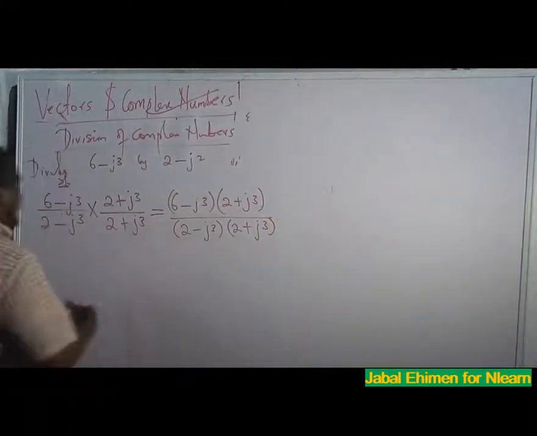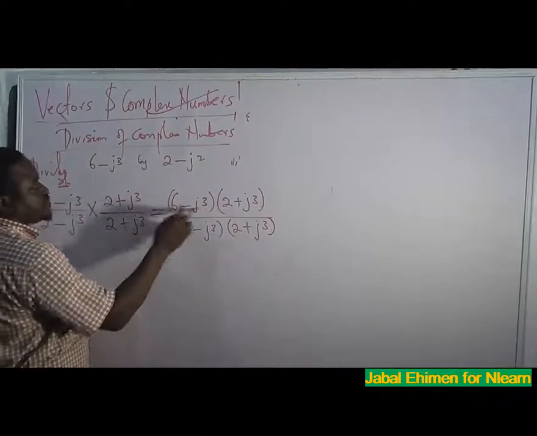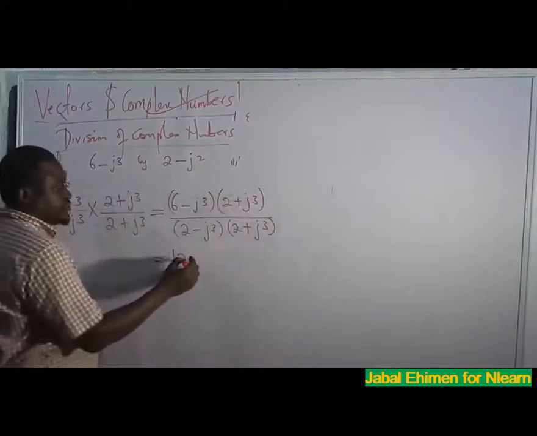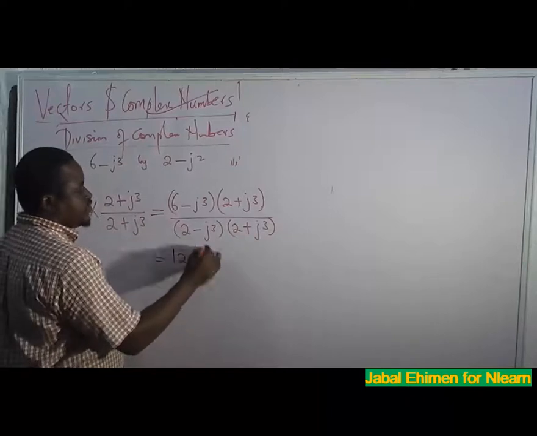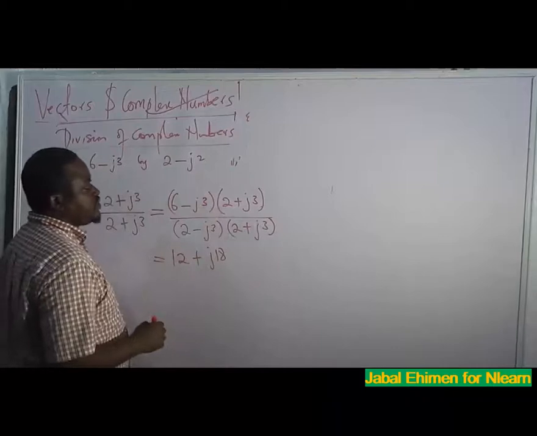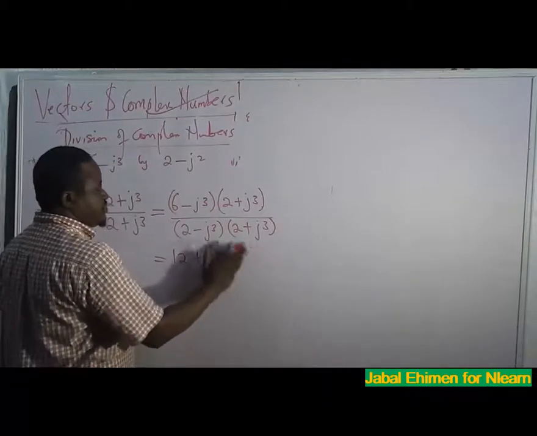Now, from here, it's simple. We can just do a normal multiplication. 6 times 2 is 12. 6 times j3 is plus j18. Minus j3 times 2 is minus j6.